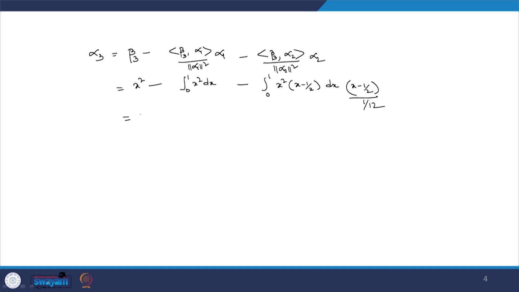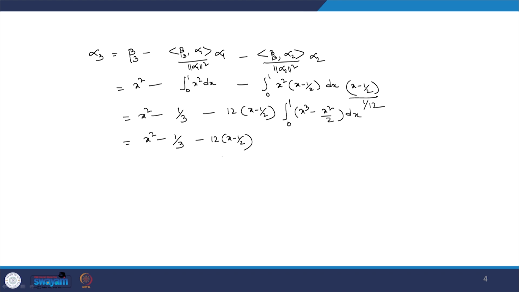So, this means that I am getting x square minus x cube by 3, that is 1 by 3, minus 12 times x minus 1 by 2 and integral of 0 to 1 x cube minus x square by 2 dx, which is equal to x square minus 1 by 3 minus 12 x minus 1 by 2, and this will be equal to x to the power 4 by 4, that is 1 by 4 minus 1 by 6.